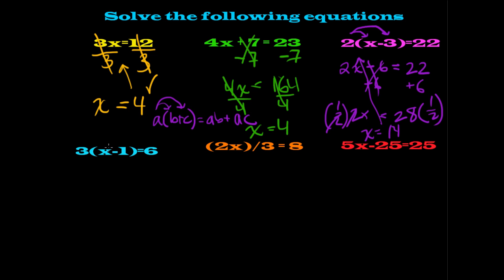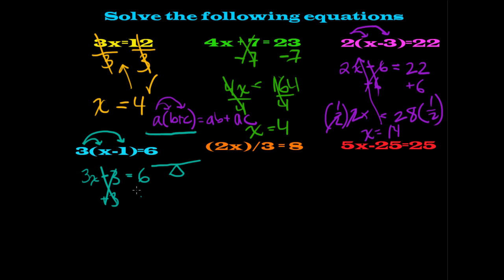3 times the quantity of x minus 1 equals 6. This is also using the distributive property. So we'll distribute this 3 through both terms in the parentheses. 3 times x is 3x. 3 times negative 1 is negative 3, and that's equal to 6. Add 3 to each side, keeping the balance level in order to isolate the variable all by himself.